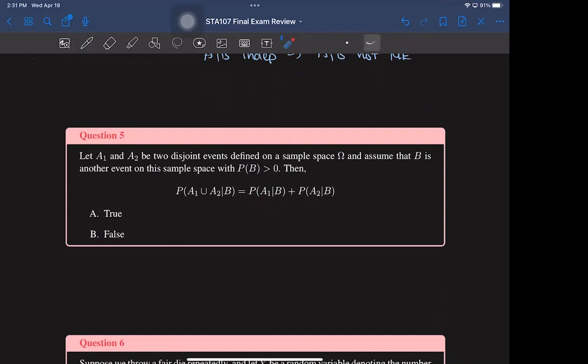I see someone put in the chat that this is true. Can you explain why? Can we use a Venn diagram on the exam as an explanation?